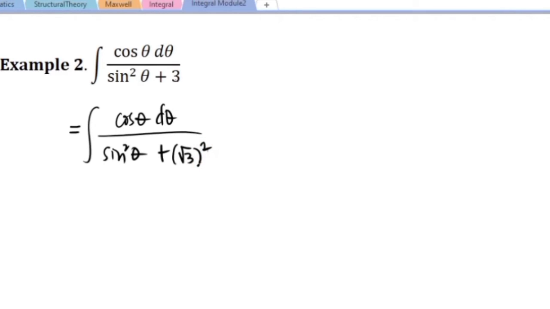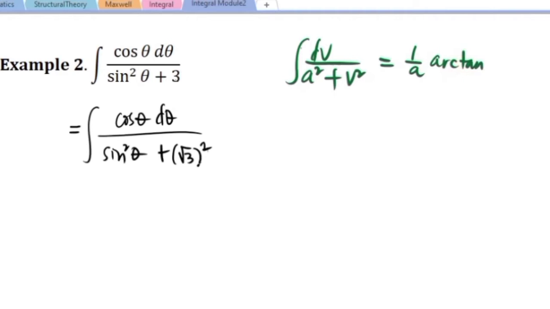So, from the formula, if we are going to recall, we have the integral of dv over a squared plus v squared. This is equal to 1 over a arctangent of v over a plus c. So, in here, our a, yung constant, so that is square root of 3.